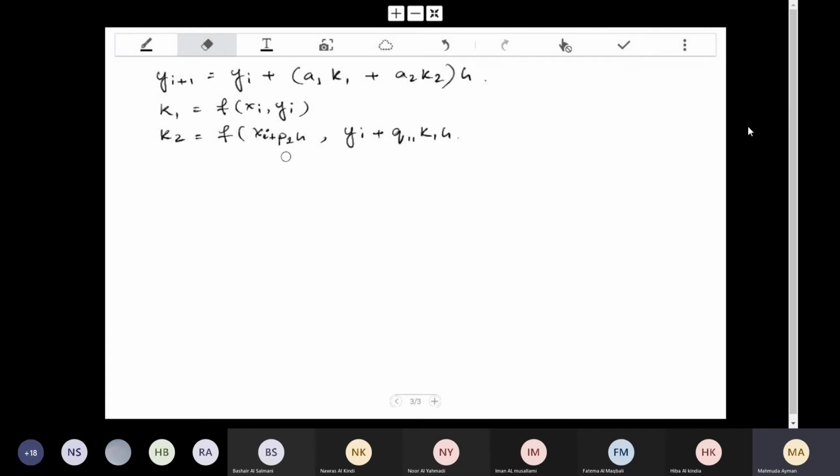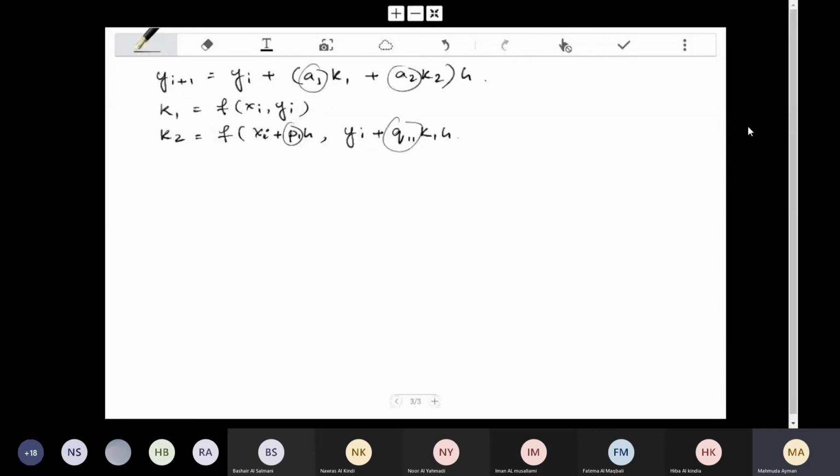Okay, so this one here is supposed to be x i plus p1 times h.